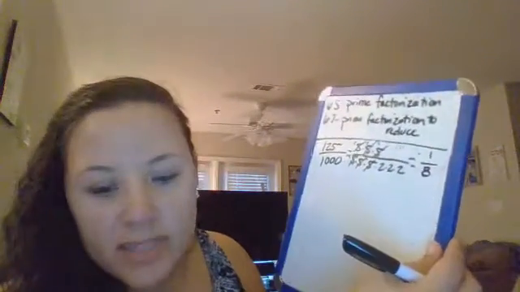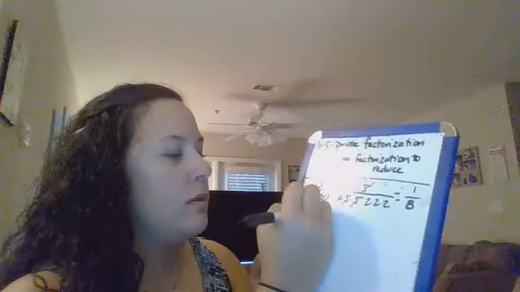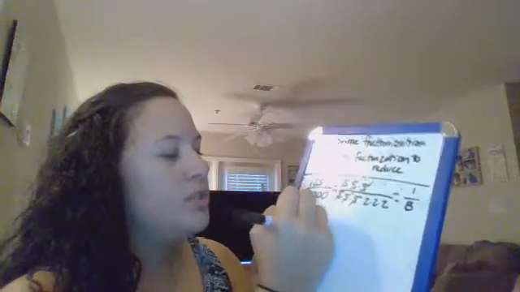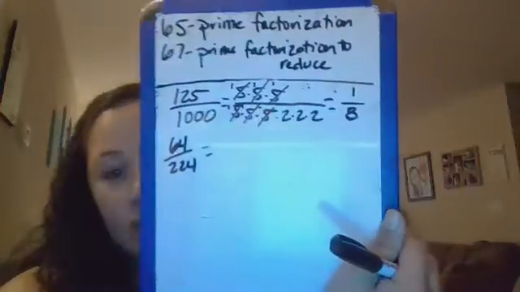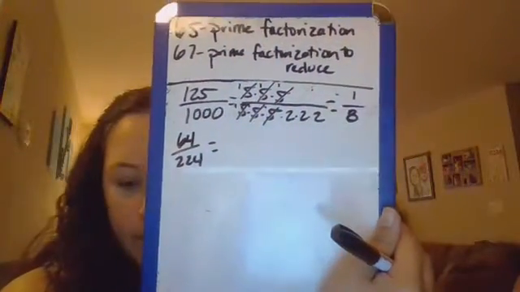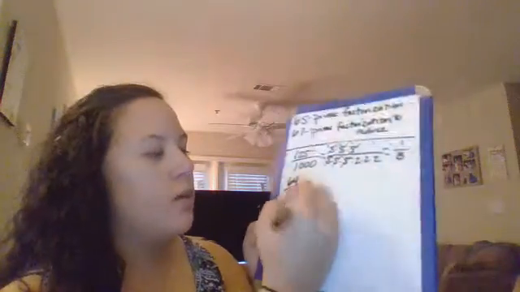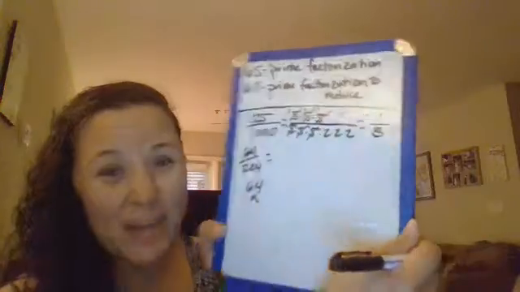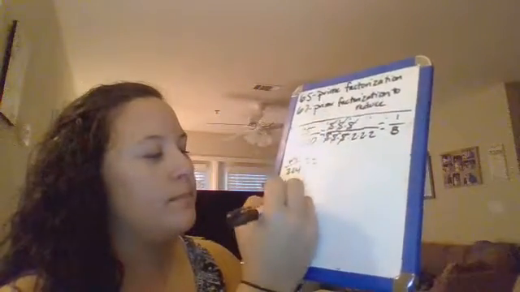And then we're going to try one more. The other one is going to be 64 over 224. So we need to reduce 64 and 224. So we get our trees going here. We're going to do 64 first. So we know 8 times 8 is 64.